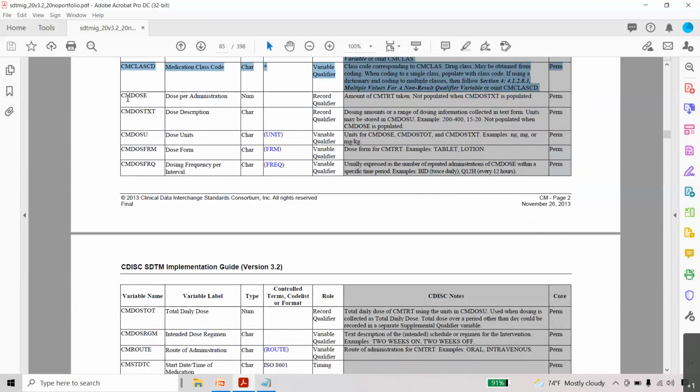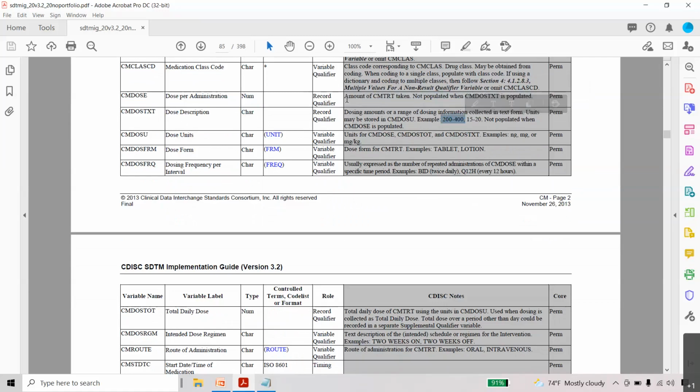Next one is CM dose. CM dose and CM dose text. CM dose is a numeric variable and CM dose text is a character variable. Since it is a character variable, we can expect to see values like a 200 to 400 range.